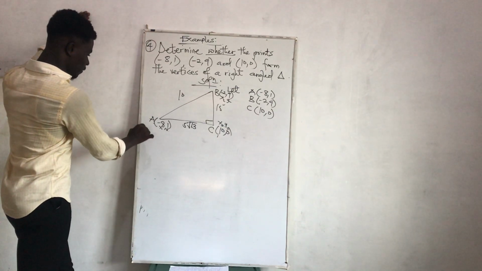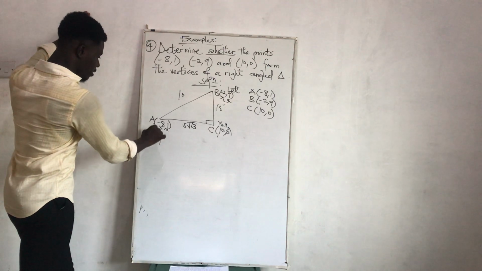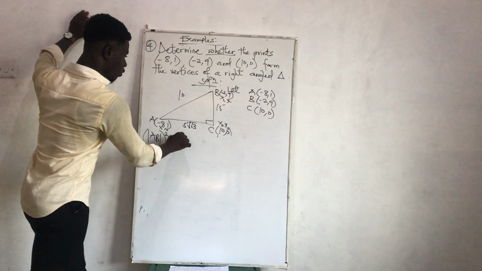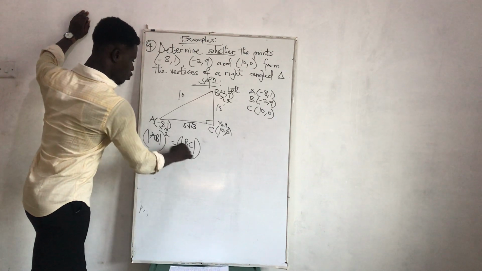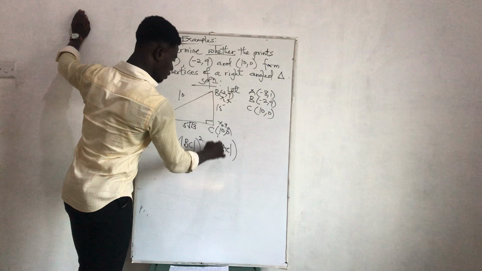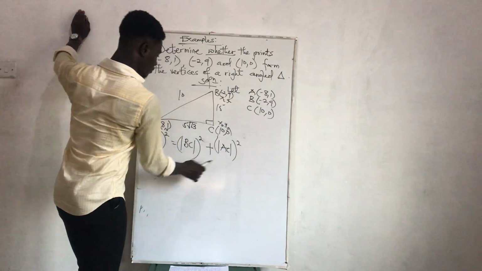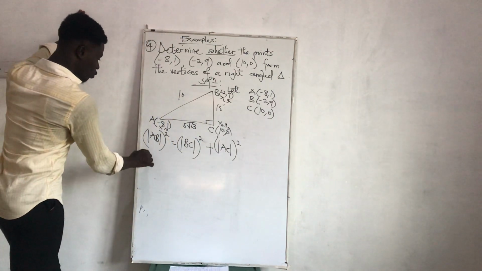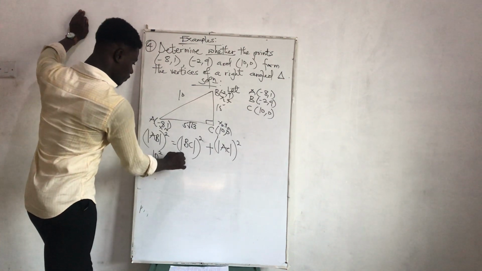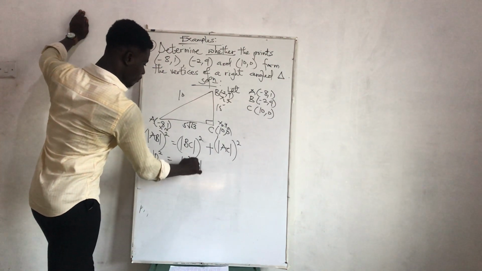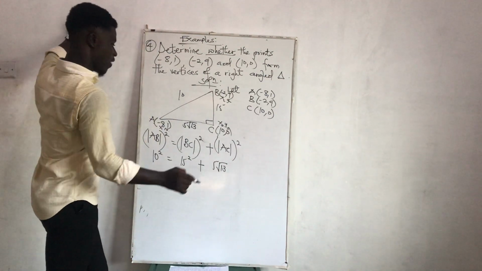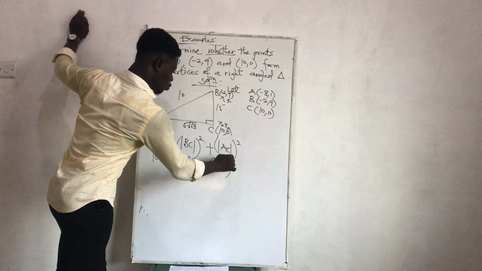The length of AB all squared must be equal to the length of BC all squared plus the length of AC all squared. So the length of AB all squared, which is 10 squared, equals the length of BC, which is 15 squared, plus the length of AC, which is 5 square root of 13 all squared.